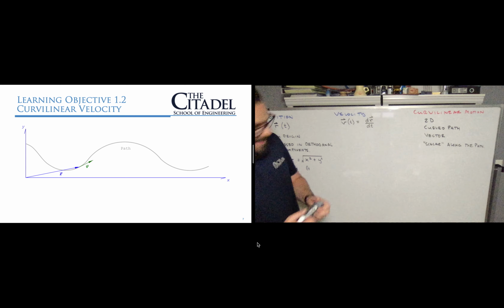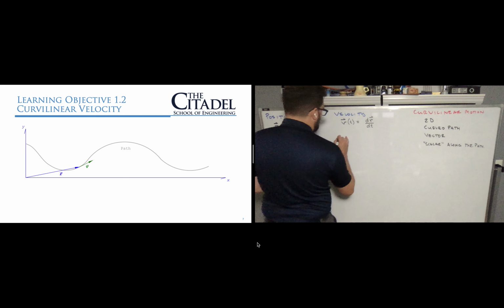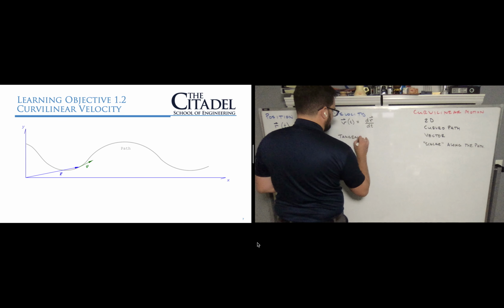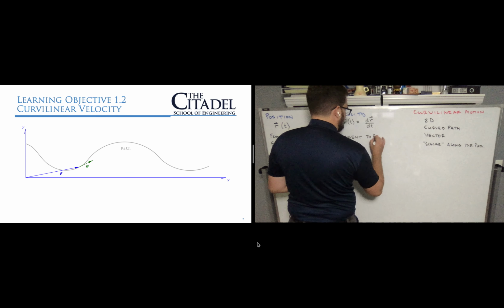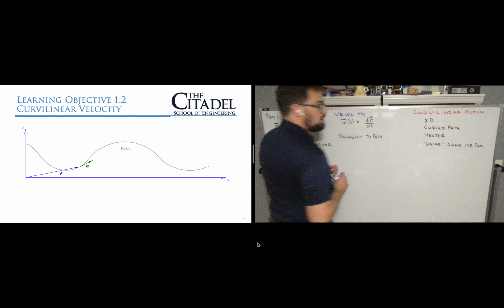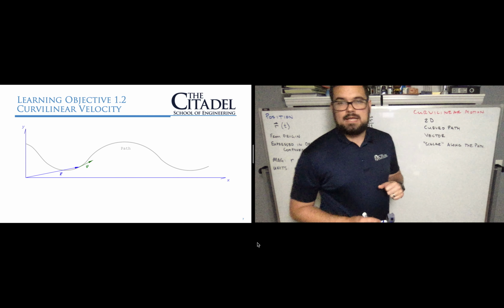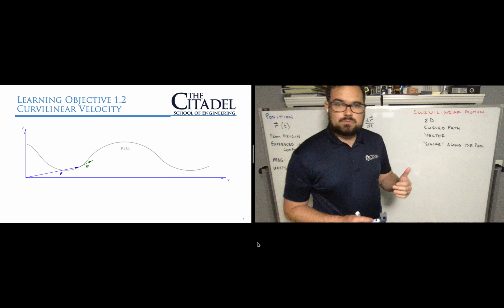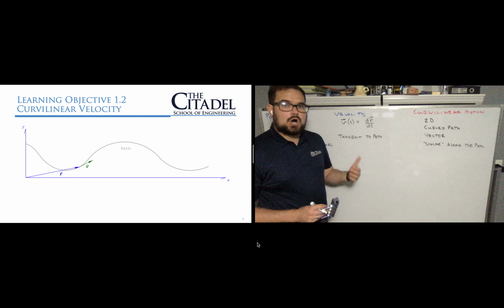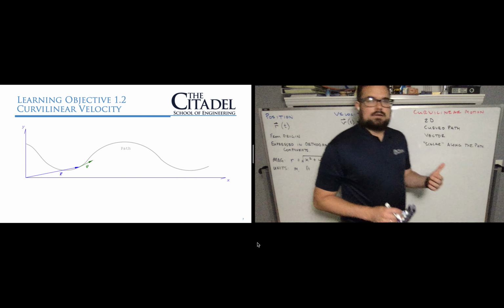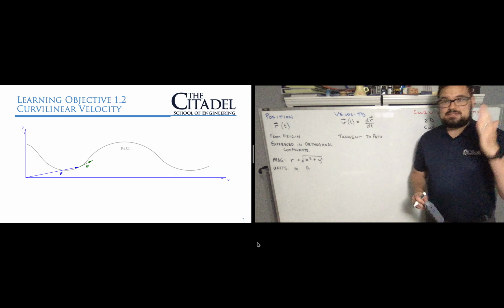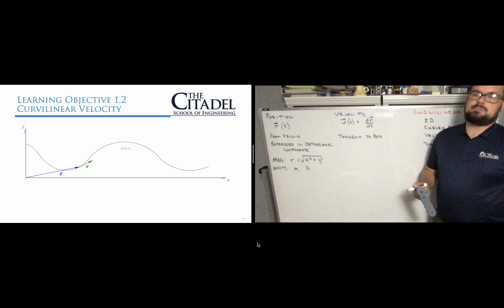Now the thing about velocity is that it's always tangent to the path. It's always going to point in the direction of motion. And so if we think about this, it makes sense when we're on a roller coaster or we're in a car, that we're used to looking forward as the direction we're going, unless we're doing something crazy, right?